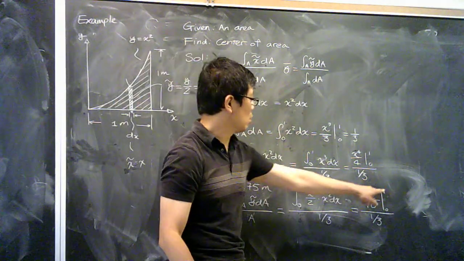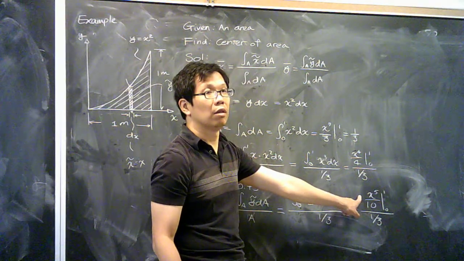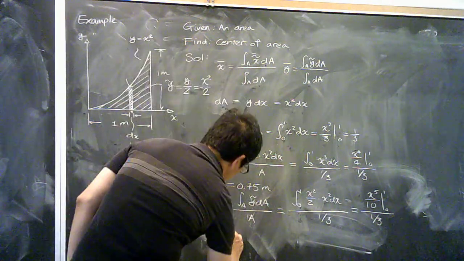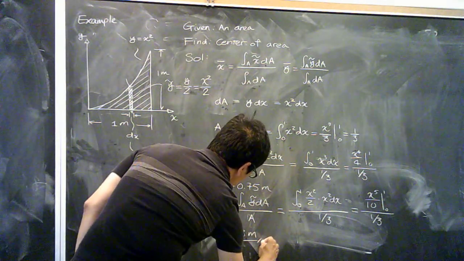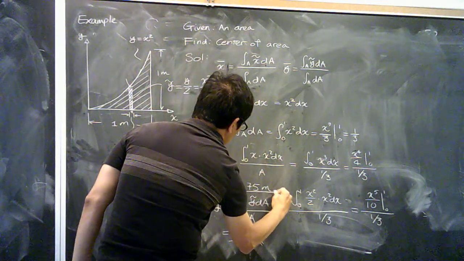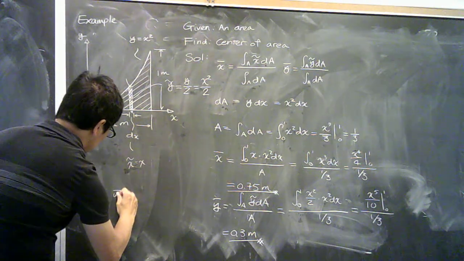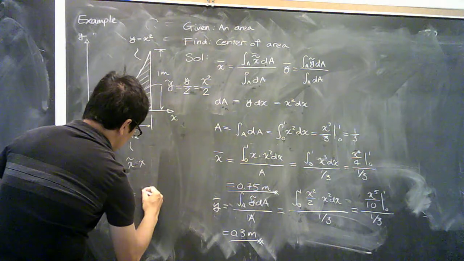Since we end at 1 and start from 0, this one is 1/10. 1/10 divided by 1/3, we actually get 0.3 meter. And those two are our answers, or you can space them somewhere, which makes it easier for me to grade.